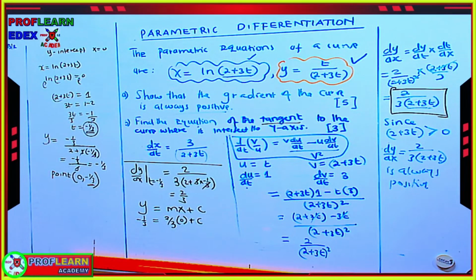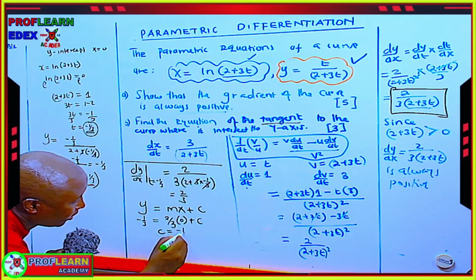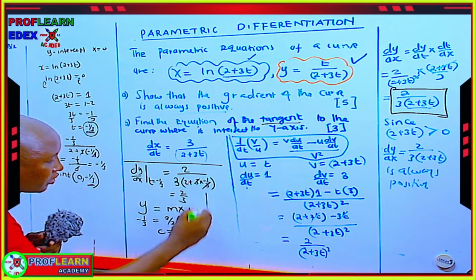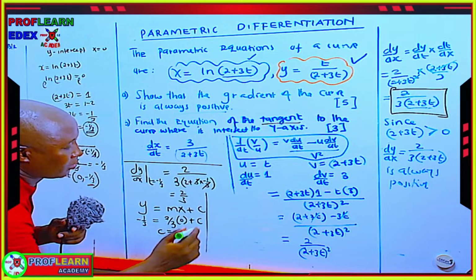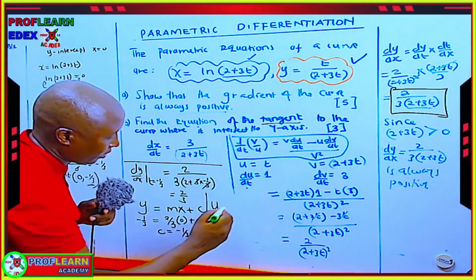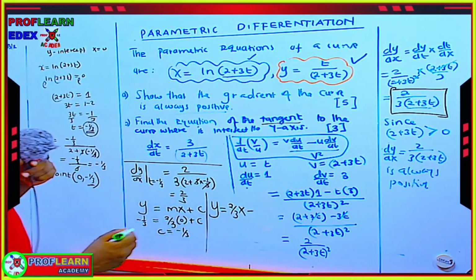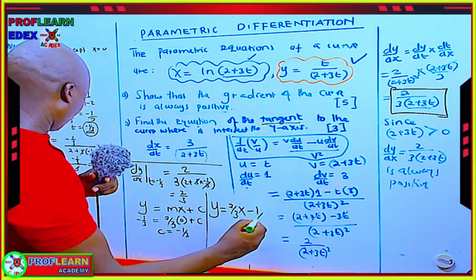So which means that the value of c at that point is 1 over 3. Also, that will mean that the line is going to be y equals 2 over 3 x plus 1 over 3.